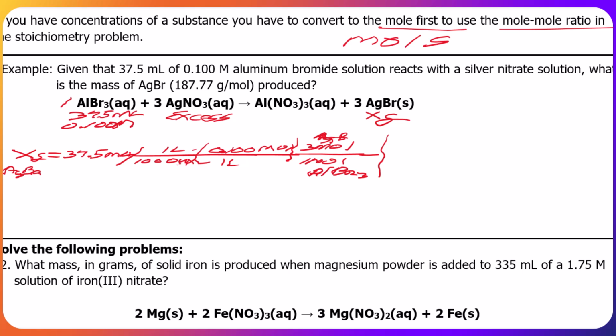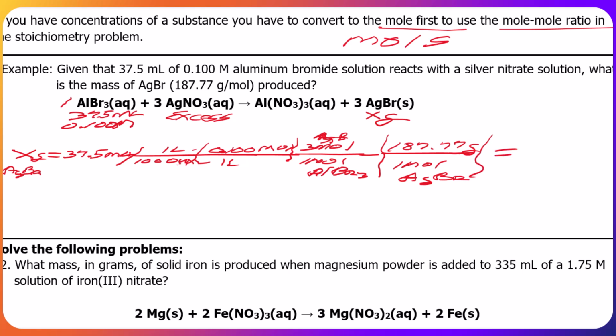Now the mole-to-mole ratio, and finally, it looks just like gram-to-gram stoichiometry. Every 1 mole of silver bromide weighs 187.77 grams.